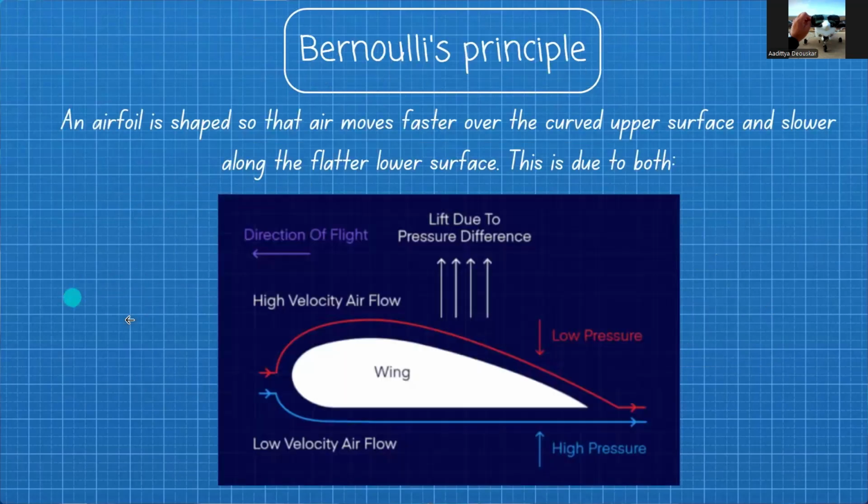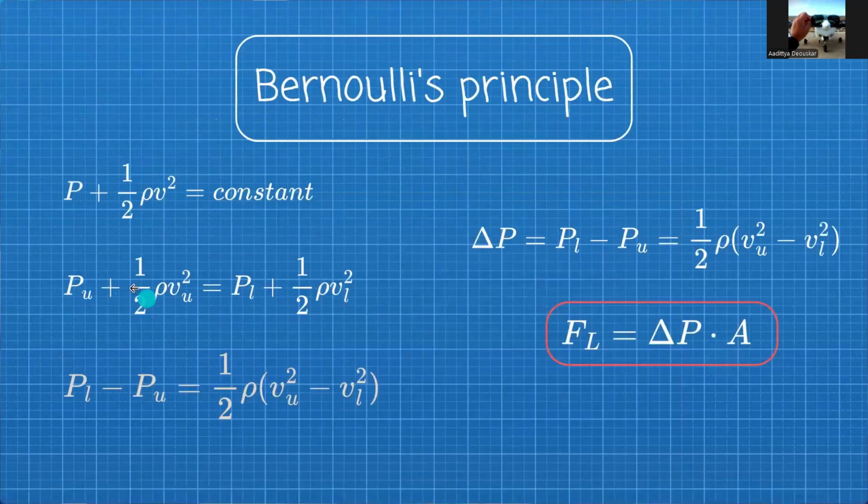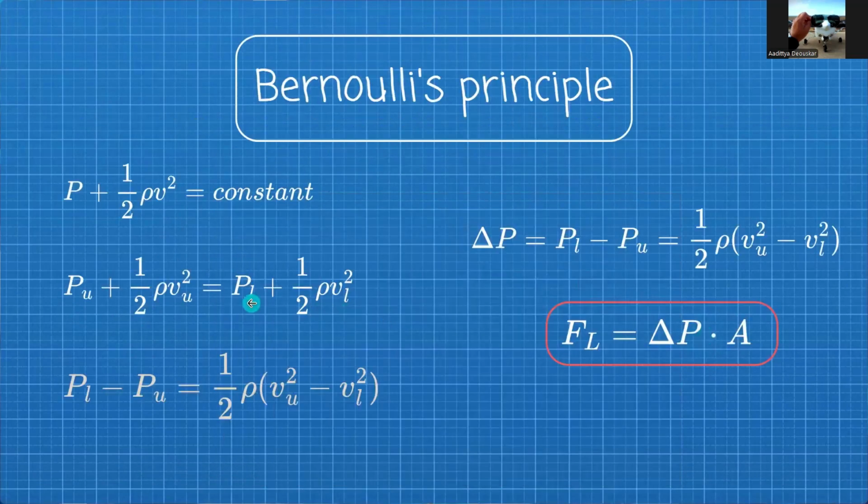So since it's always constant, the lower velocity and higher pressure would be equal to the higher velocity and lower pressure when added, like in this format. So P_U here is the static pressure on the upper surface, and V_U here is the velocity at the upper surface. Similarly, P_L here is the static pressure on the lower surface, and V_L here is the velocity at the lower surface.